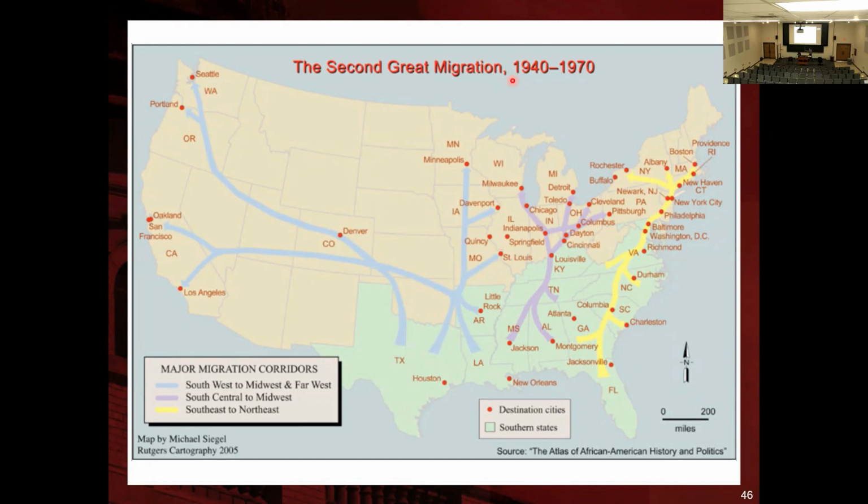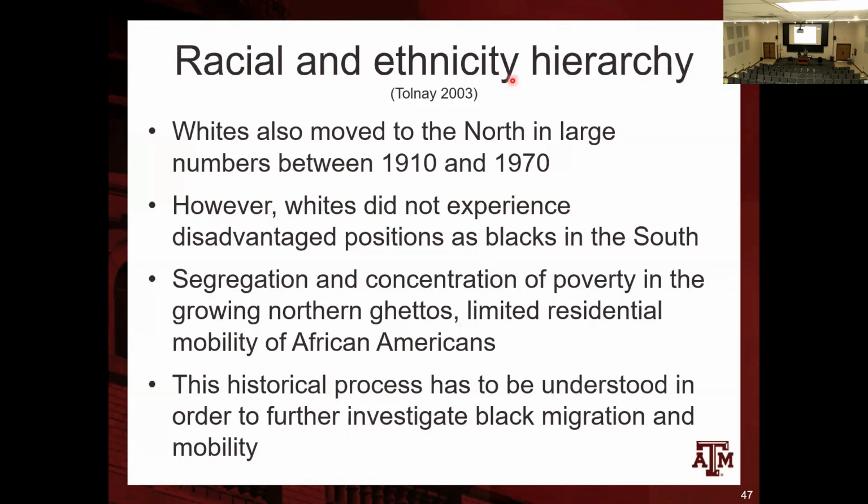And the sons and daughters of African Americans that moved to northern areas are doing better, okay? So that's a really clear case of how migration can have intergenerational effects, in this case measured by education and earnings.